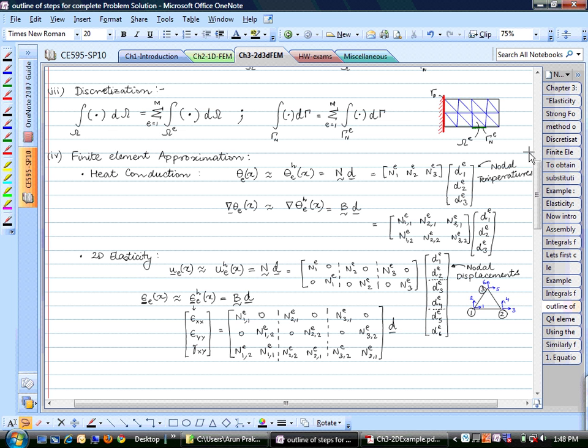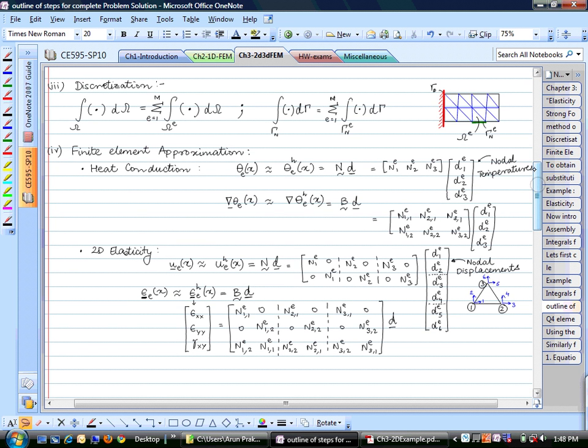So even though the stresses that you have calculated from your finite element problem will not match at the boundary, this is just an artifact of the assumption that displacement is going to vary linearly in an element.